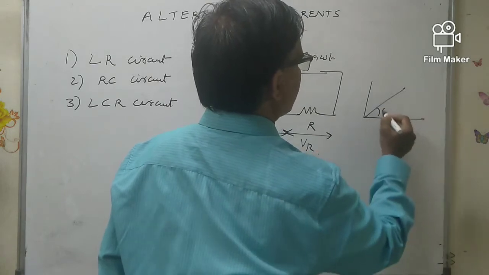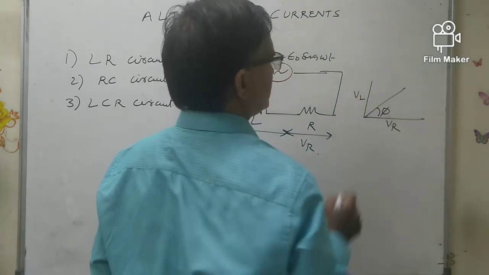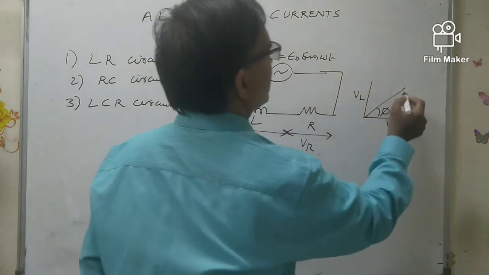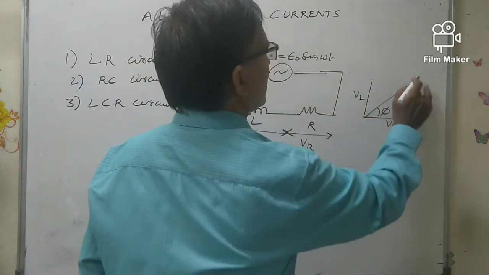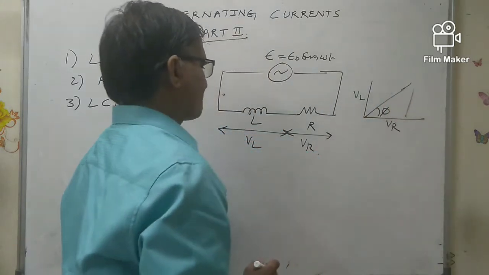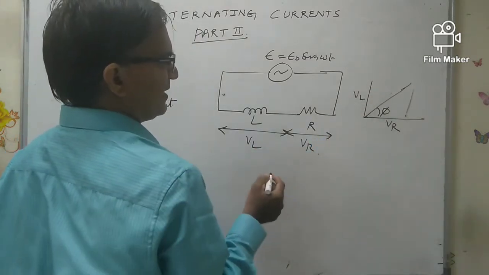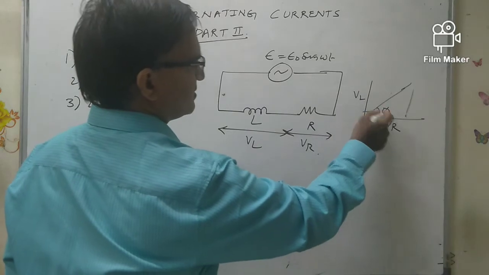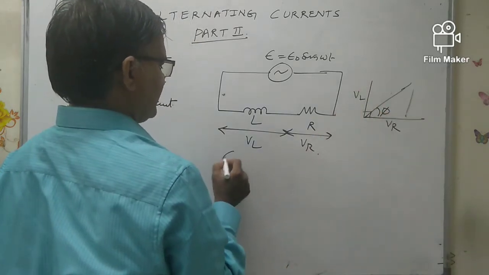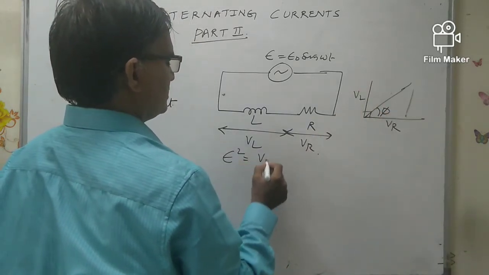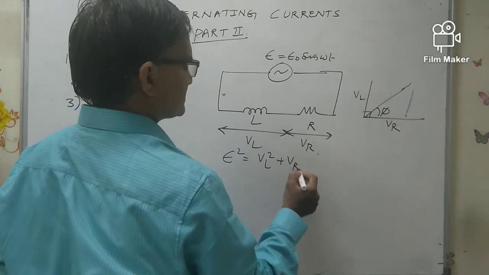Phi is the phase angle between VL and V. These two are perpendicular, so E square is equal to VL square plus VR square.